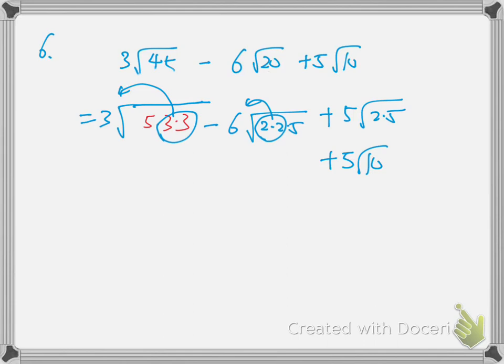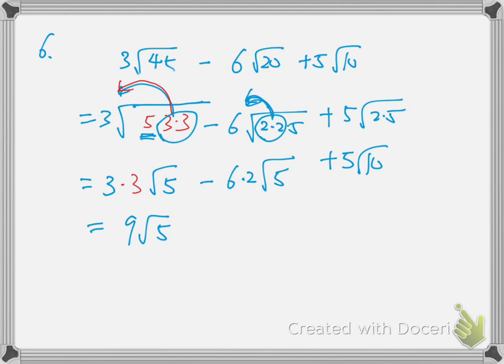So the last term remains as 5 radical 10. The first term will be 3 outside, and then from inside to outside we got a 3 outside again, and the single number 5 still stays inside. And then 6 outside, and then we got the number 2 from inside, and 5 still stays inside. So we got 9 radical 5 minus 12 radical 5 plus 5 radical 10.